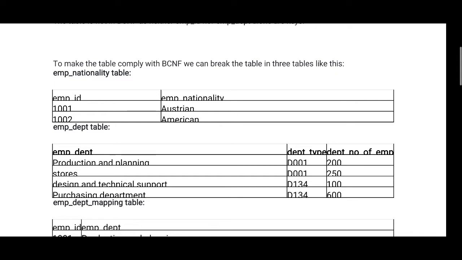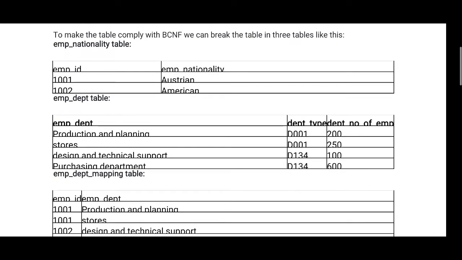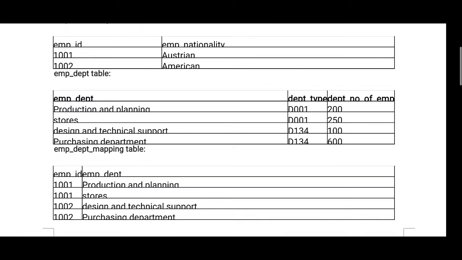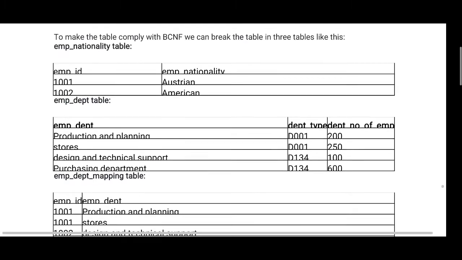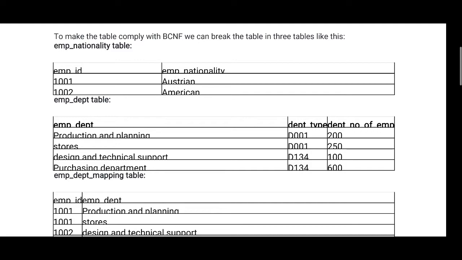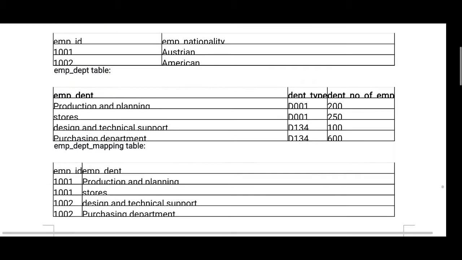Here employee ID and employee nationality is the one table. Employee DEPT, DEPT type, DEPT number of employees is another table. Employee ID, employee DEPT is the other table.